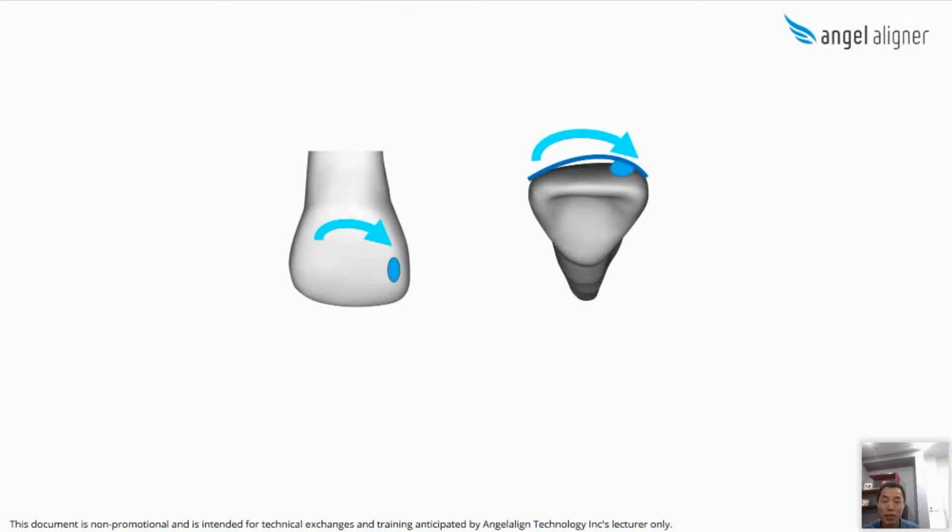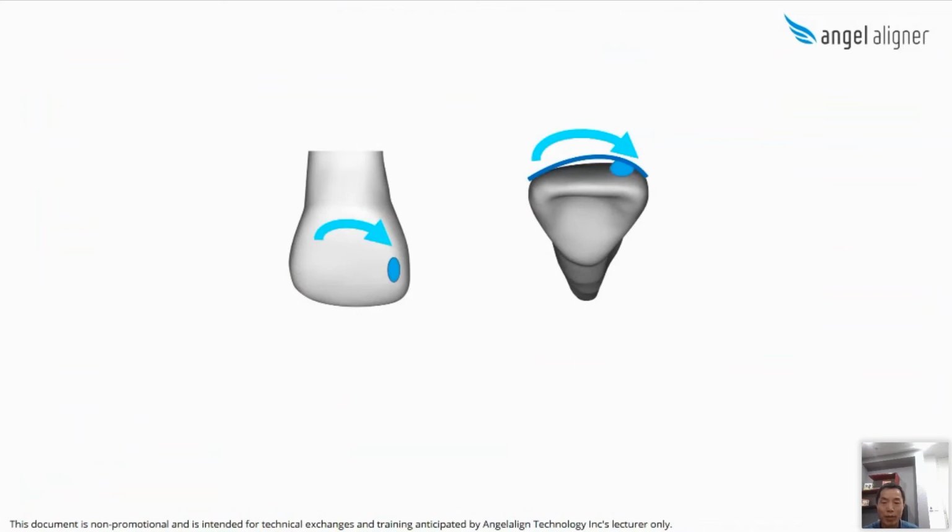In these cases, we can try bonding a bump here. A bump is a small, about 0.5 millimeter thick dome of attachment material on the surface of the tooth requiring additional force.